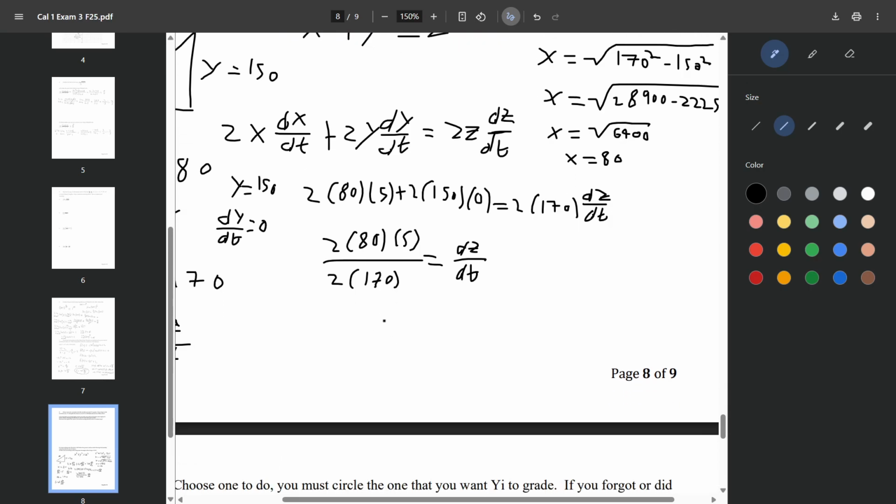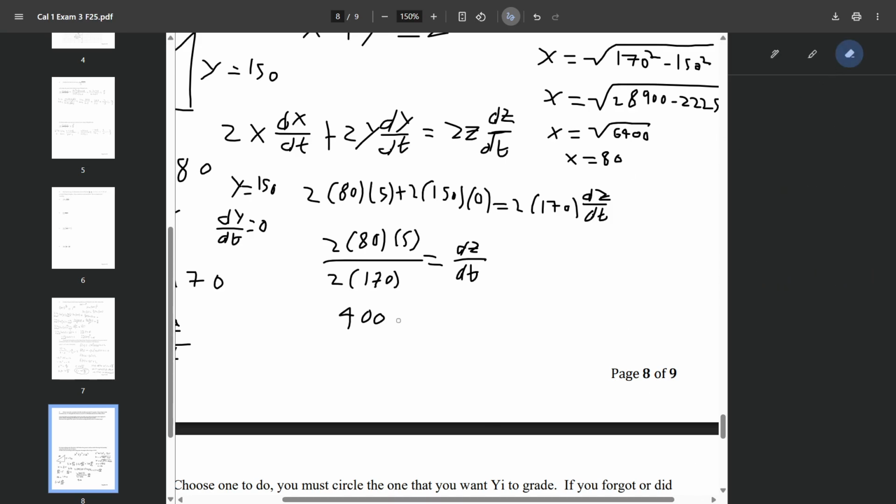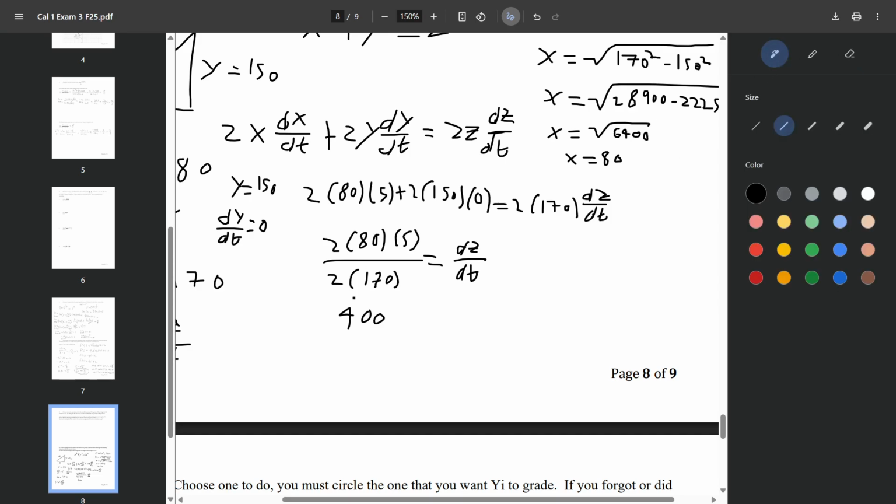And so when we solve for this, we are going to get 400 over 170. So we just cancel one of the zeros.